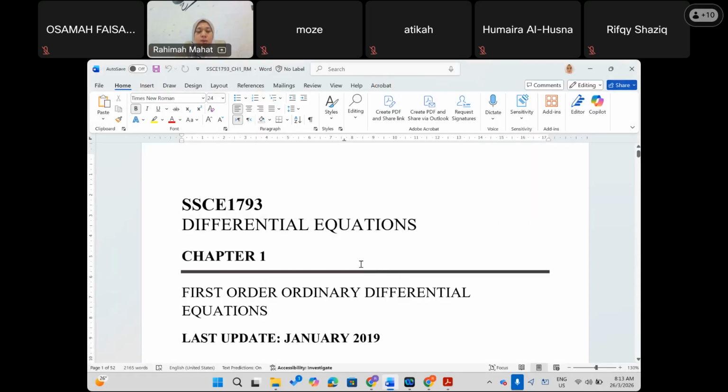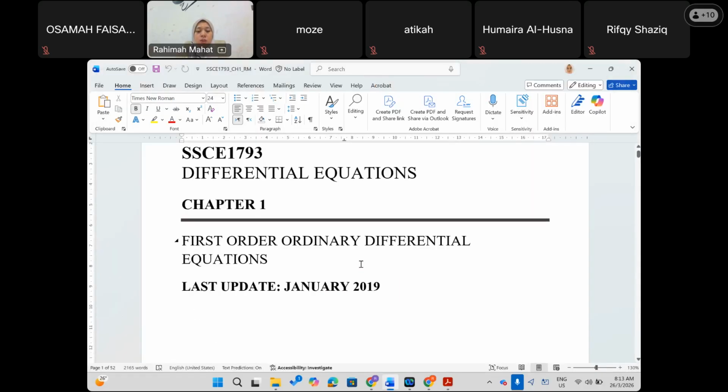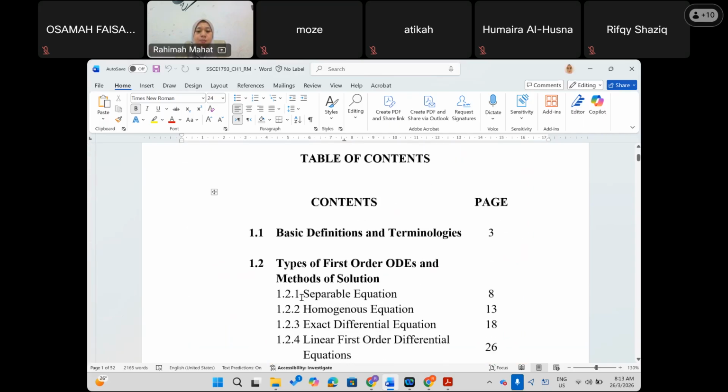Okay, this is our first chapter, the first order differential equation. Today I will give you the lecture, and tomorrow I will share the tutorial in e-learning, so you can do the tutorial on your own to test your understanding of this chapter.